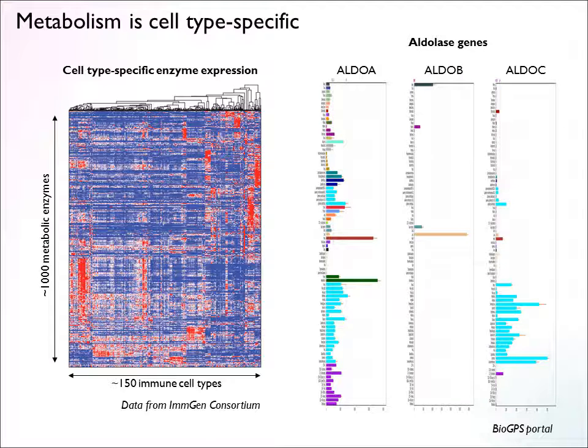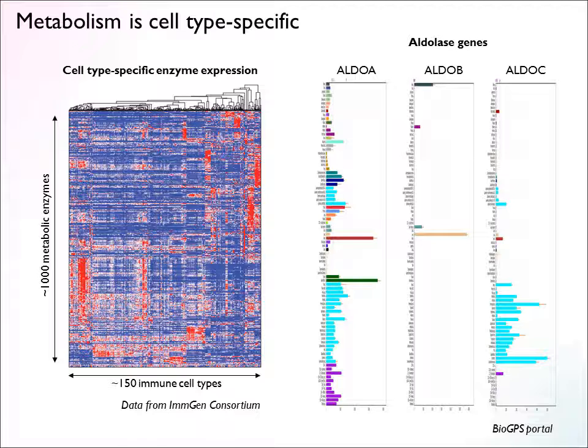So what do all these forms of enzymes do, and why do we have so many versions of everything? It's clear if you start looking at the expression patterns of these across tissues and cell types that there is a lot of specialization. On the left you see a heat map of expression at the mRNA level for about 1,000 metabolic enzymes across a collection of immune cell types.